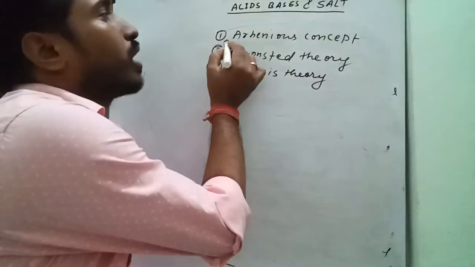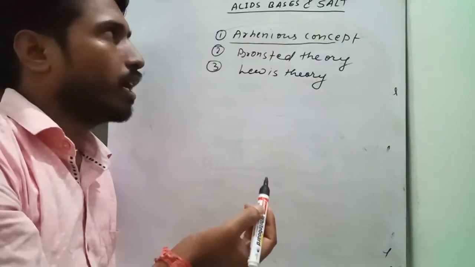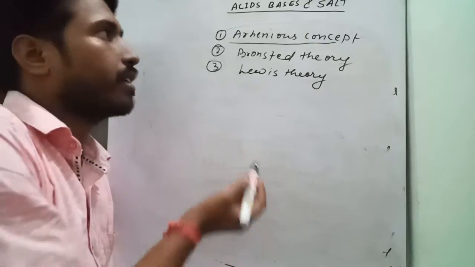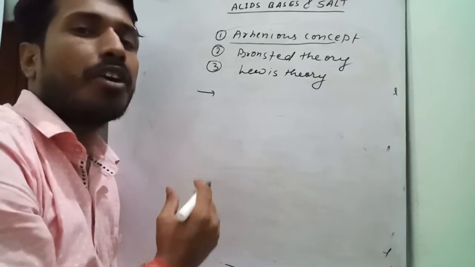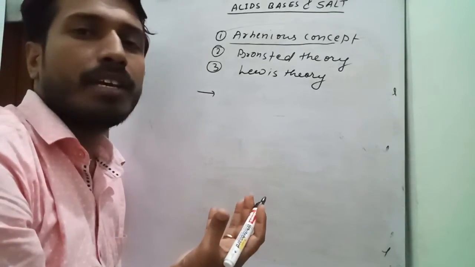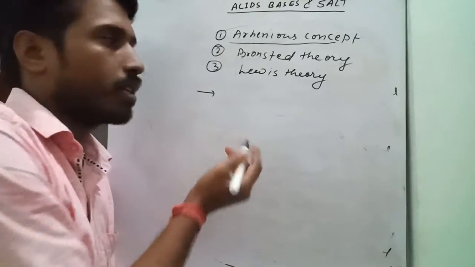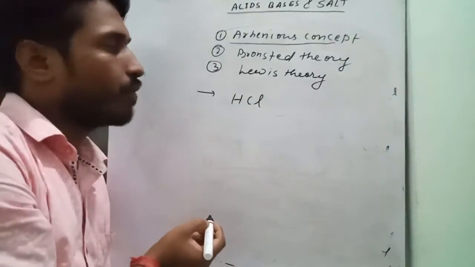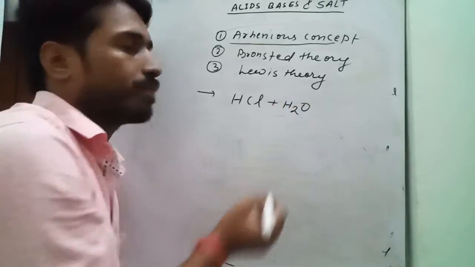So let us come to the Arrhenius concept. What is the Arrhenius concept? According to Arrhenius, when acids are dissolved in aqueous solution, they form hydronium ion. That means in water, suppose we have taken HCl and dissolved it in water.